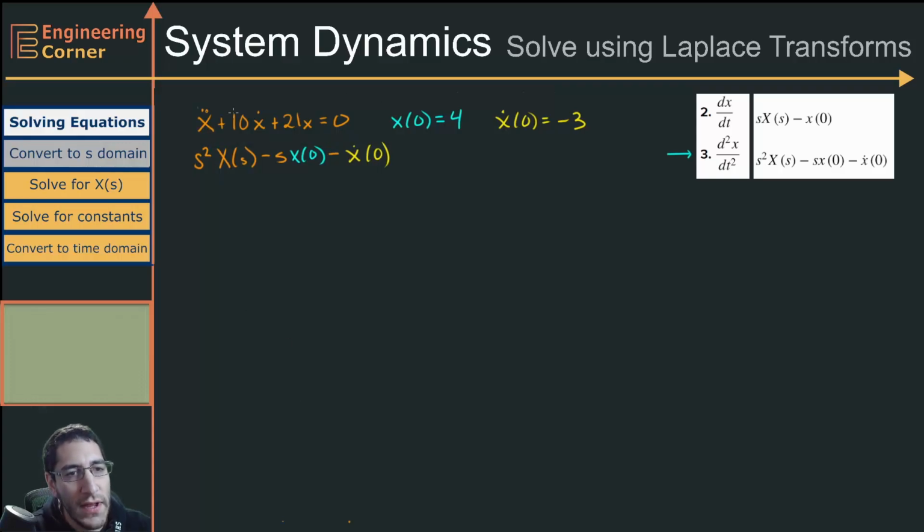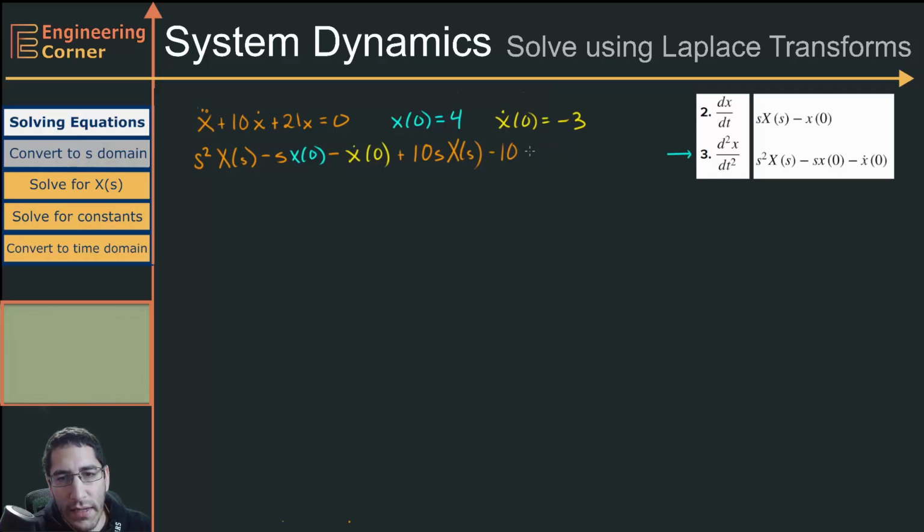Now we have this plus 10x dot. So we're going to have to multiply whatever we have from table 2, which is the first derivative, by 10. So we're going to have 10s times x of s minus 10 times x of 0.